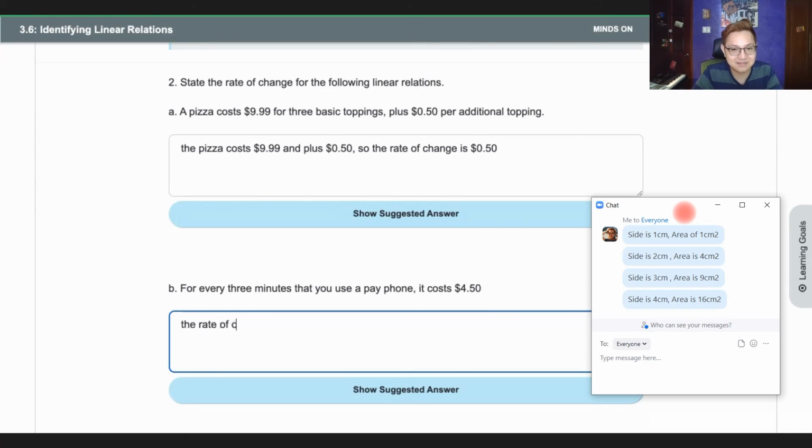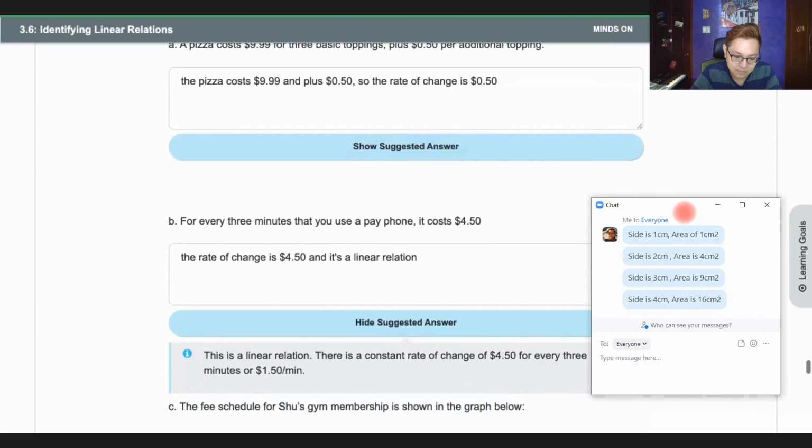Rate of change is $4.50. And it's a linear relation.